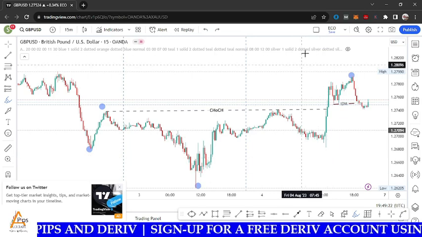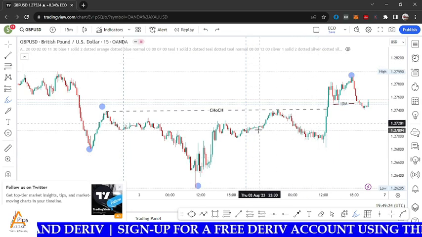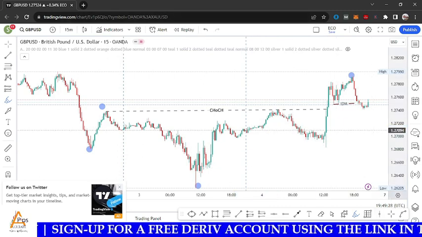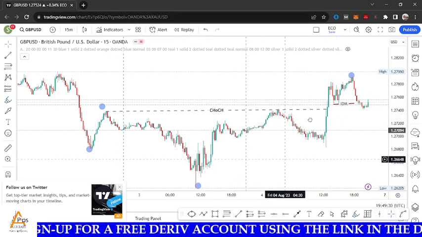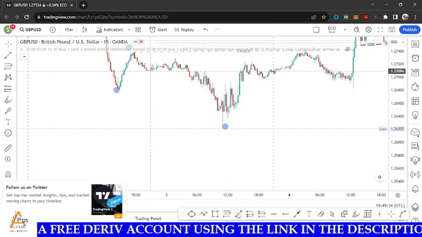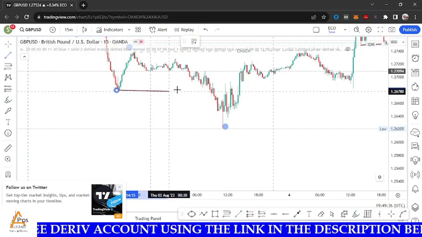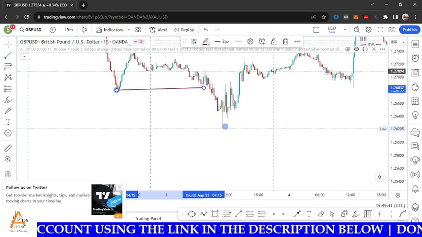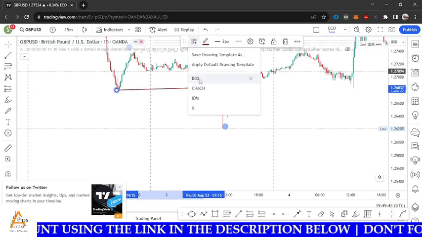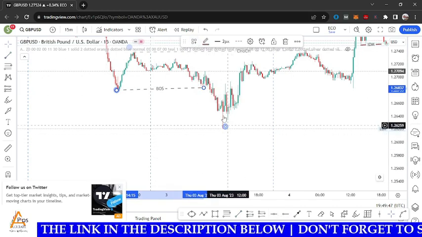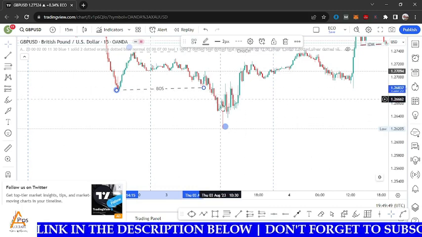Okay, so let's see over here. Over here, this is our last low. Before this is our previous low. So this is the break of structure, then we have our last low here. Now this is what we are saying.